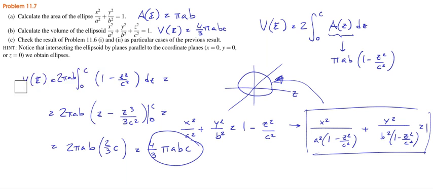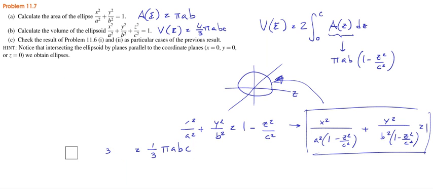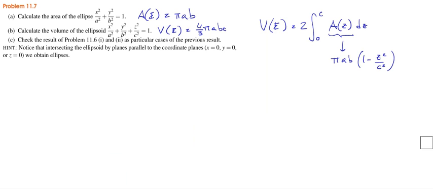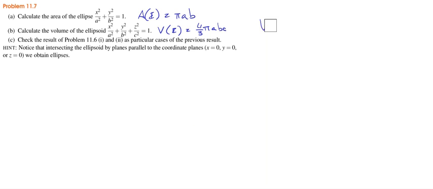And now part C says to check the result of problems 11.6.1 and 11.6.2 as particular cases of the previous result.